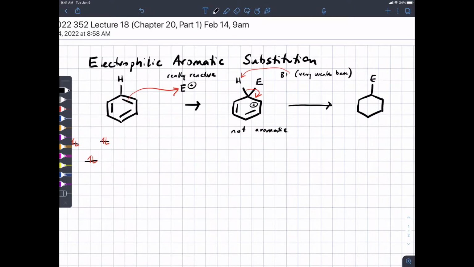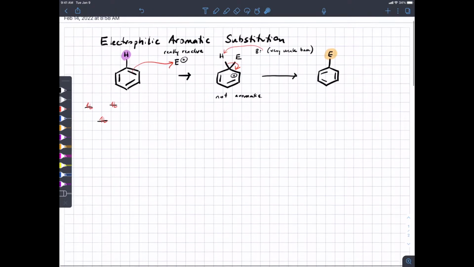And in the end, if you look at what we did, we swapped out a proton for our new functional group that we put on the benzene ring. Okay? So today we're going to talk about what these electrophiles are and how they influence reactivity of the benzene ring. We'll also talk about things you can do once you've installed something on a benzene ring.